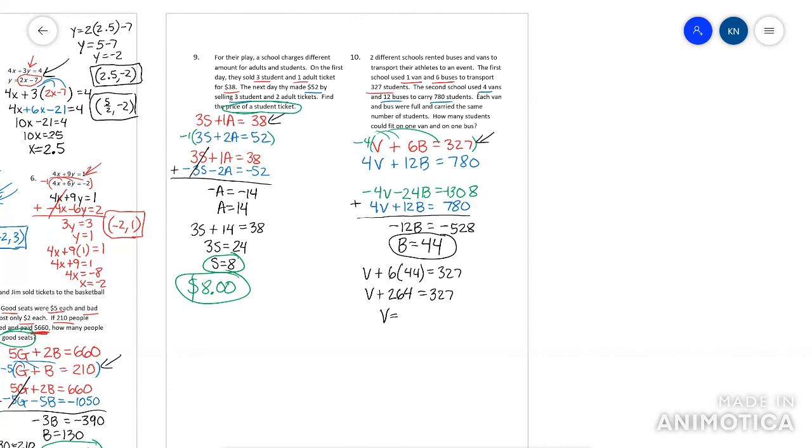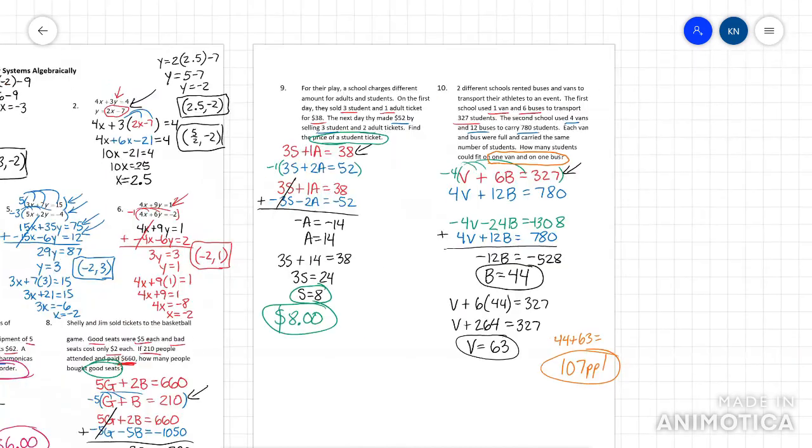What's that going to be? 63. So in terms of my answer, how many students could fit on 1 van and 1 bus? Well, a van can hold 63 people, a bus can hold 44 people, so total that'd be 44 people plus 63 people, which would be 107 people.